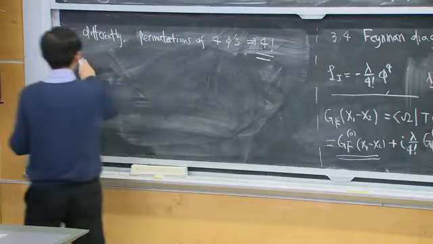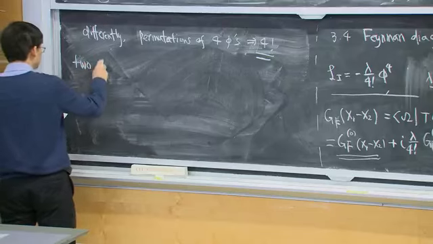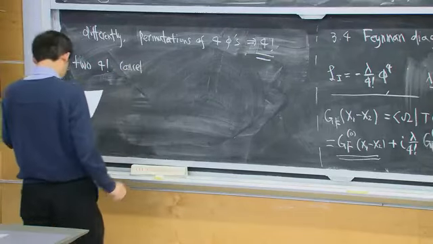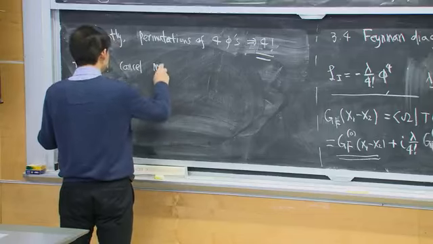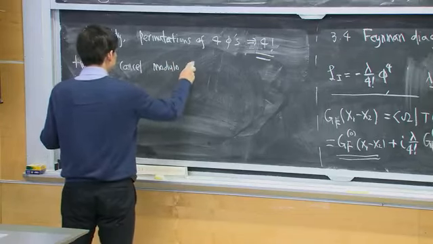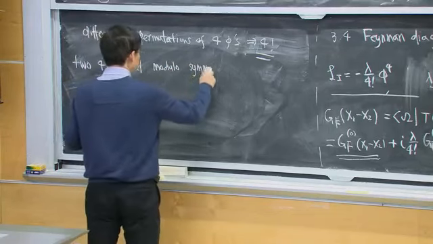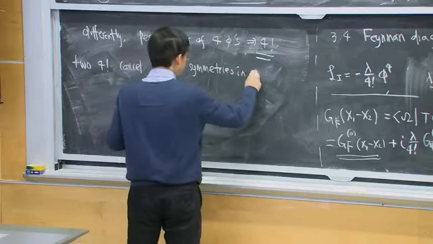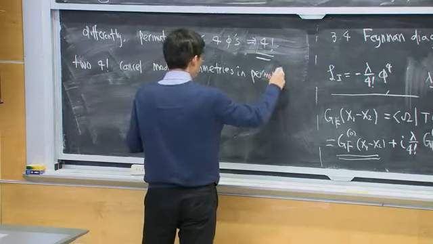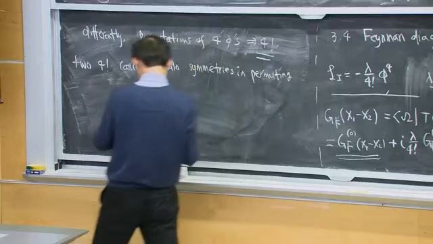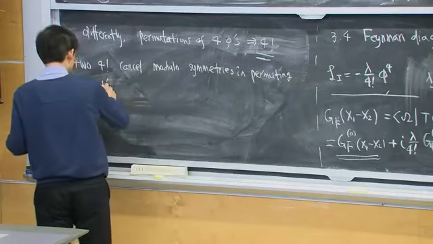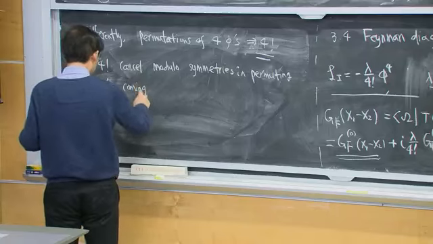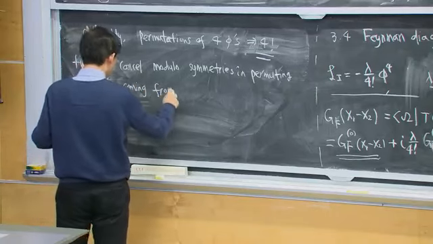The two 4 factorials cancel, modulo symmetries in permuting phis coming from the same vertex.